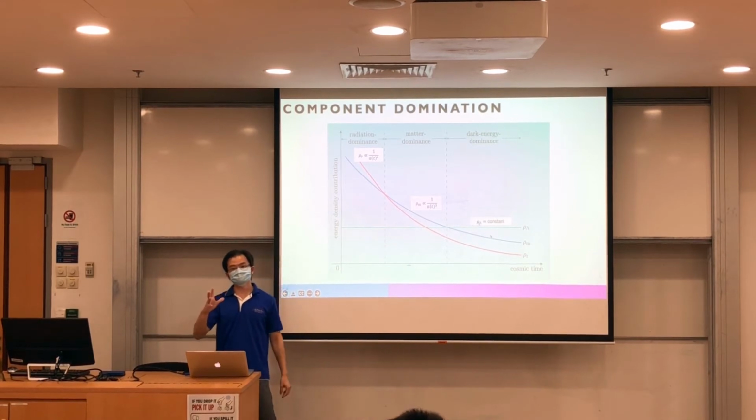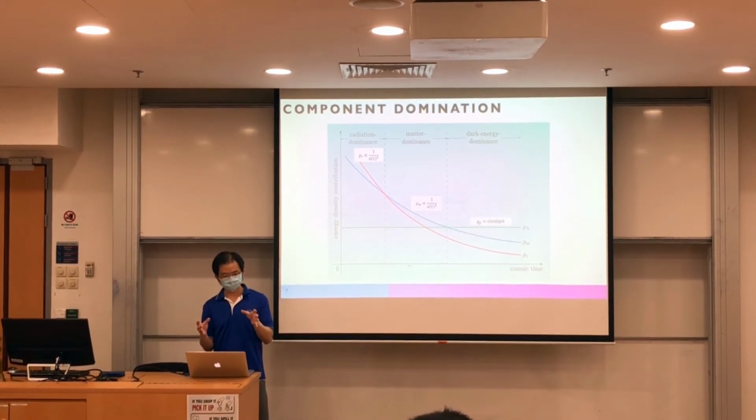So this means the behavior of the universe breaks up into 3 eras. The radiation dominated era: in the early era, how the universe behaves depends on the EM radiation, because it dominates.